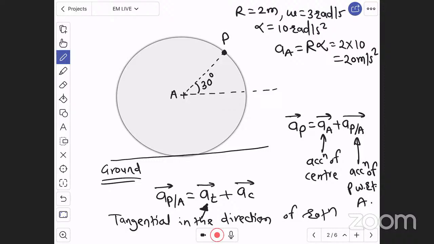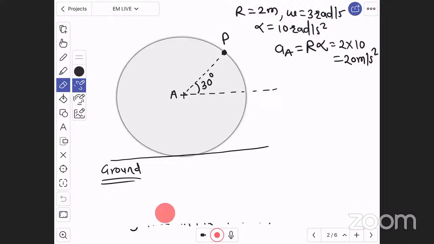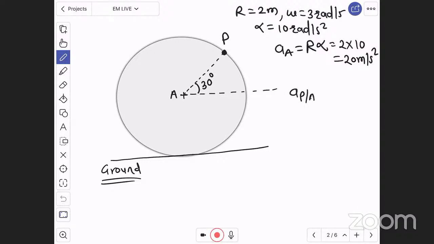And if I want to find the magnitude of tangential acceleration, the acceleration of any point with respect to the center point is nothing but tangential acceleration plus centripetal acceleration. This AT is tangential and has a magnitude of R_AP, the distance of point P from A, into alpha. This is the tangential acceleration, R alpha.